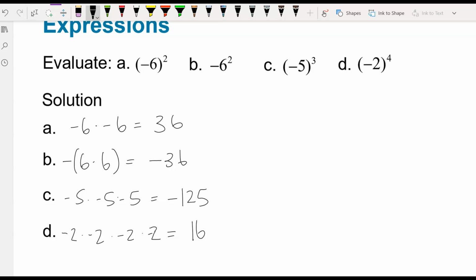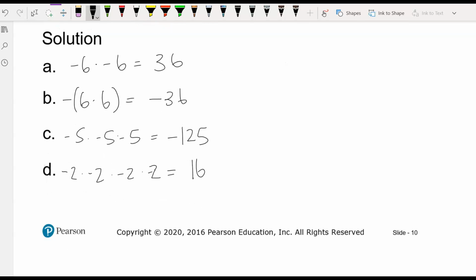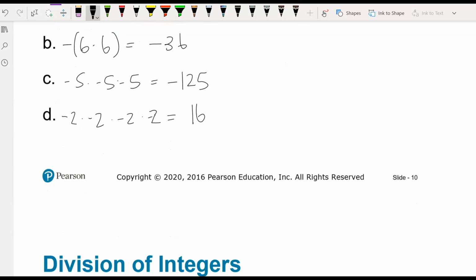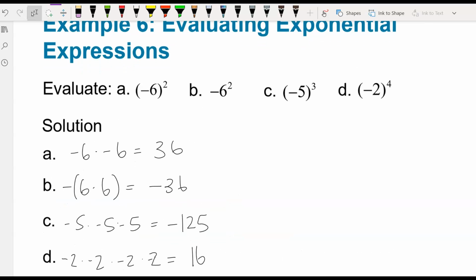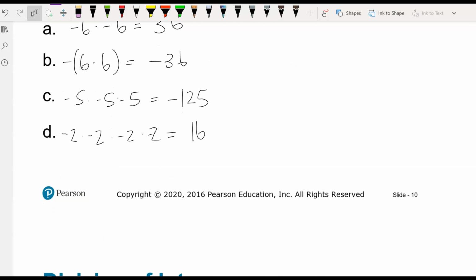Since we have four negatives together, it cancels out that negative. And you can also do those in your calculator as well. Just make sure that when you do have negatives, especially on your squared or to your fourth or any even exponent, it will change that to positive when you have those parentheses.